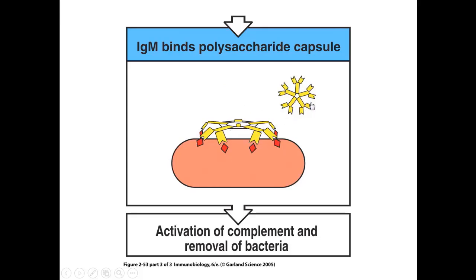IgM in the serum exists in a planar feature, and when IgM binds to the antigen, the Fc region is exposed, and C1 can bind to the Fc region of the IgM and activate, and the complement system activates.